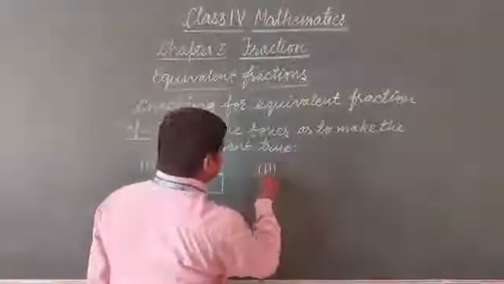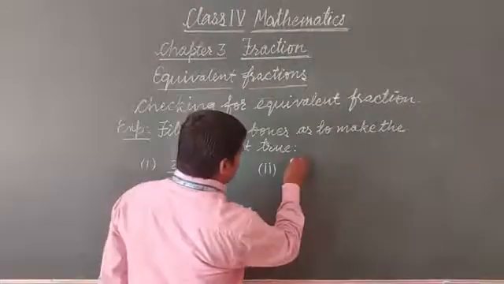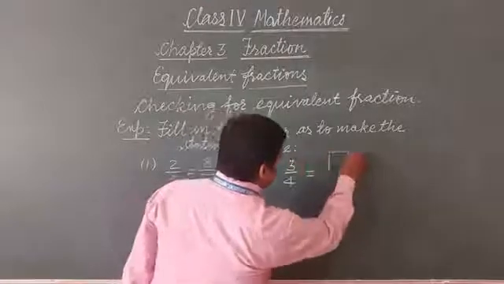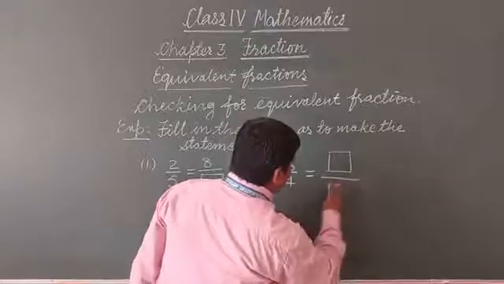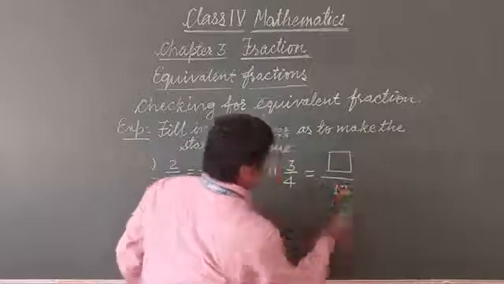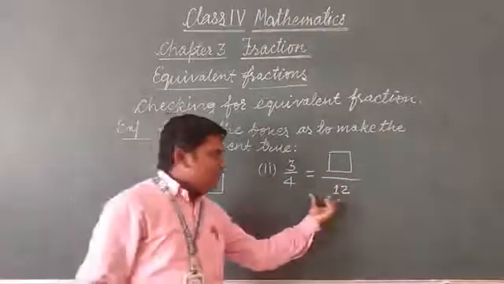For the second question I am writing here that 3 by 4 is equal to box by 12. In this question you can find the relation between denominators.